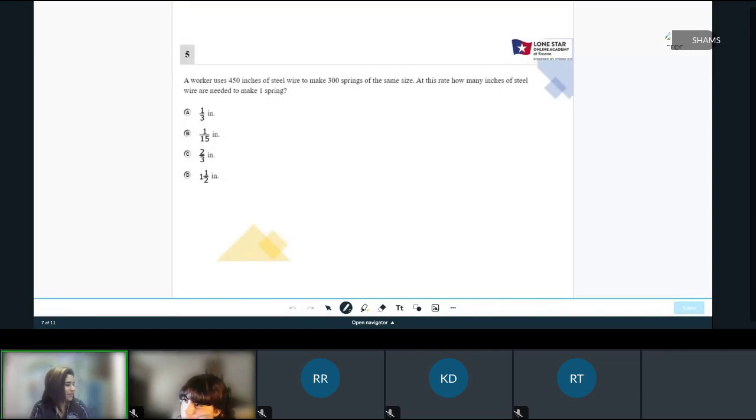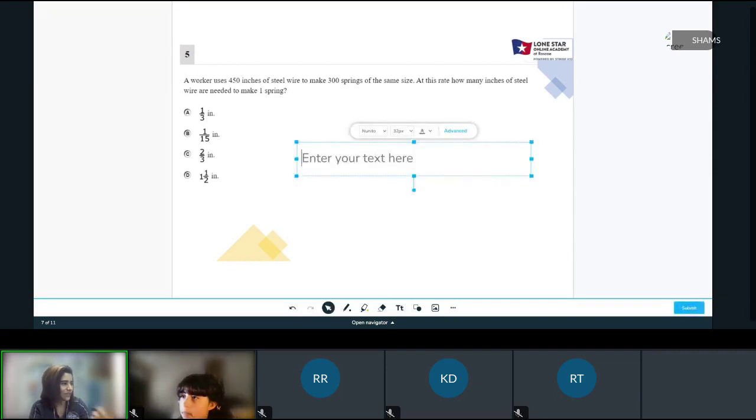But I say reconsider, Angel, for this question. A worker used 450 inches of steel wire to make 300 springs. At this rate, how many inches of steel wire are needed to make 1 spring? To make 300 springs, they are using 450 inches of wire.